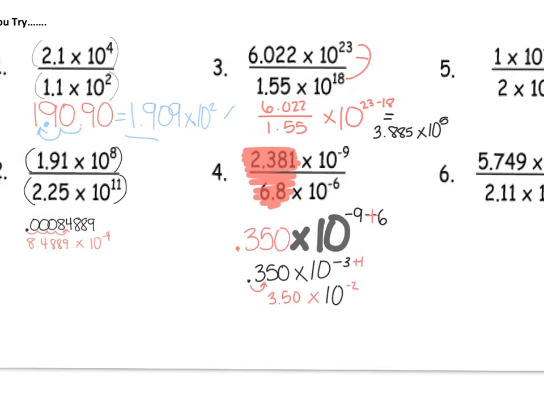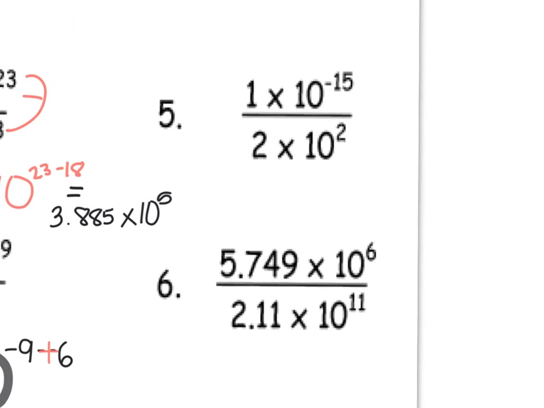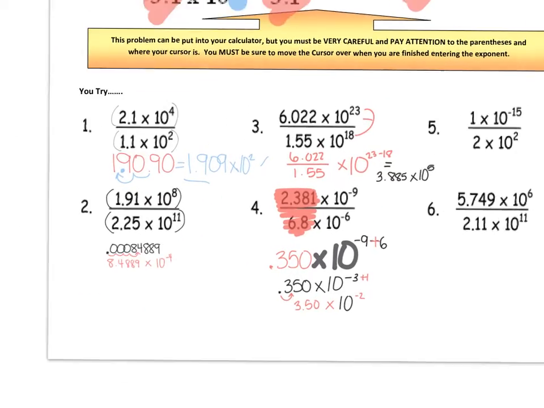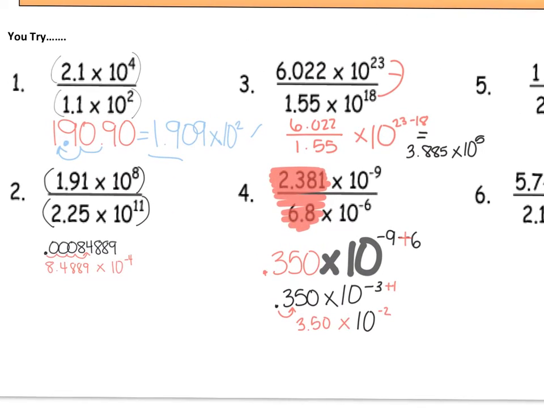So what I want you to do is 5 and 6, I want you to take a minute to do on your own. But listen, if you put it in the calculator the way we did for numbers 1 and 2, where you're putting the entire piece of scientific notation into your calculator, we need to recognize that when I put this whole division problem in my calculator as scientific notation, it spits me out an answer in standard notation, okay?